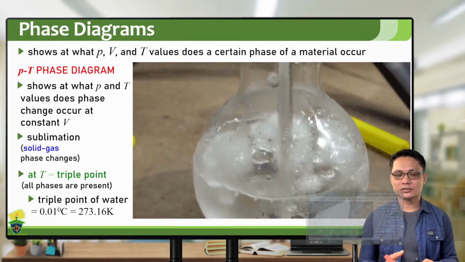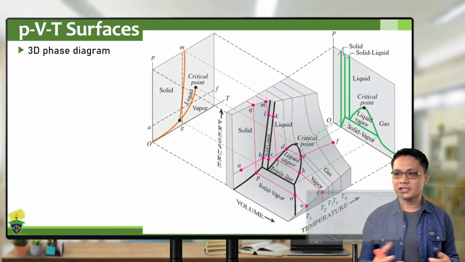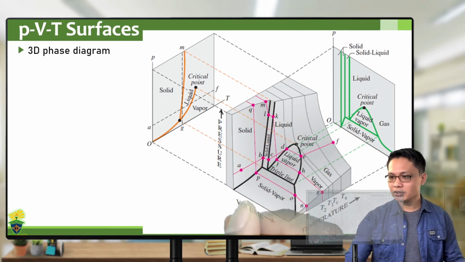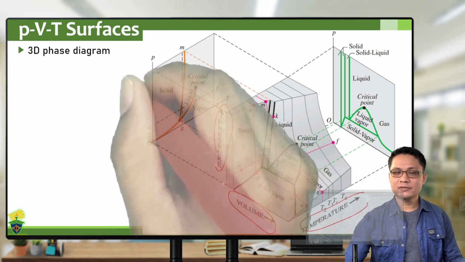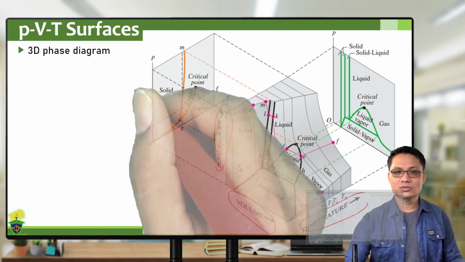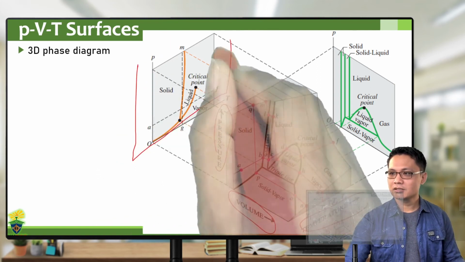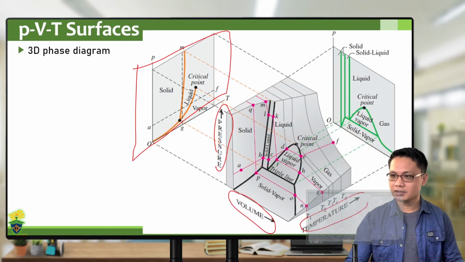There are other factors that we need to understand for the possible changes of matter. Here we have the 3D phase diagram where the pressure, the volume, and the temperature are all present. The PV and the PT diagrams, which I have shown in the previous slide, are projections in this plane where we discuss the critical point and the triple point of a matter.